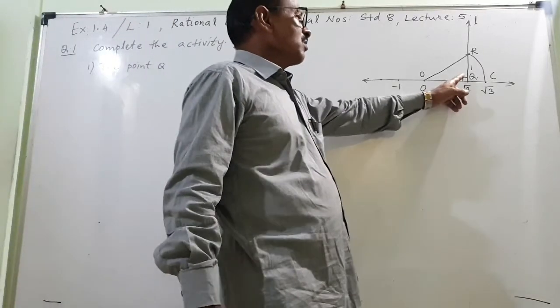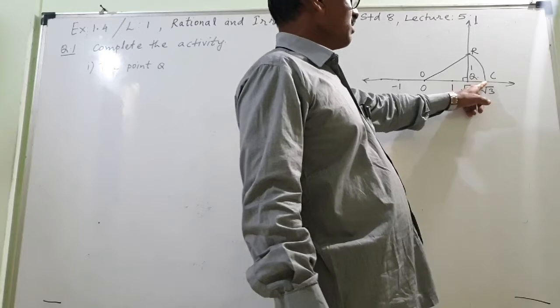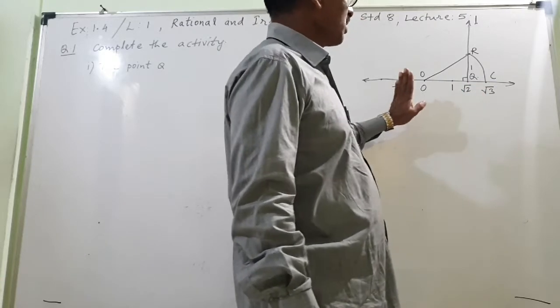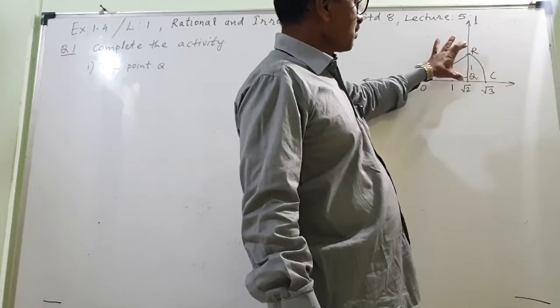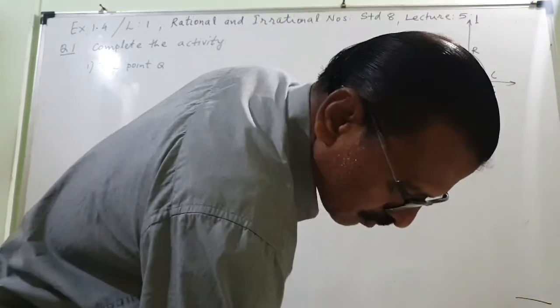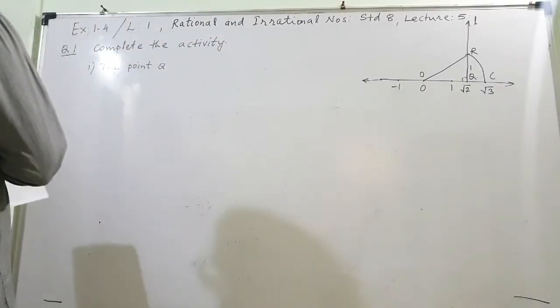The point Q represents root 2 on the number line. C will represent root 3 on the number line. Okay. This QR distance is 1. This much knowledge you should know from the figure. And now we will see what they want.